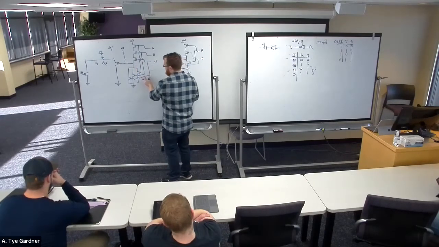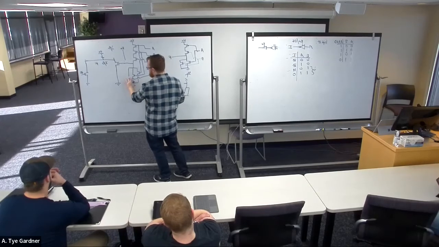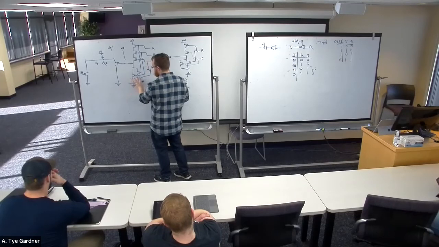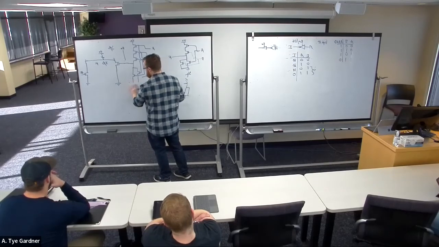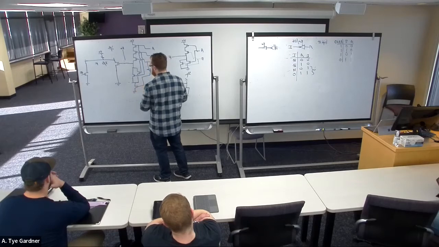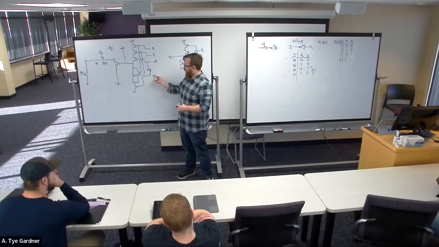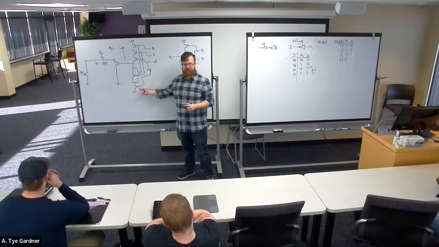Well, then I just kind of need to invert it. So if N is 1, that makes this 0, that turns off this guy, and neither of those paths will work.